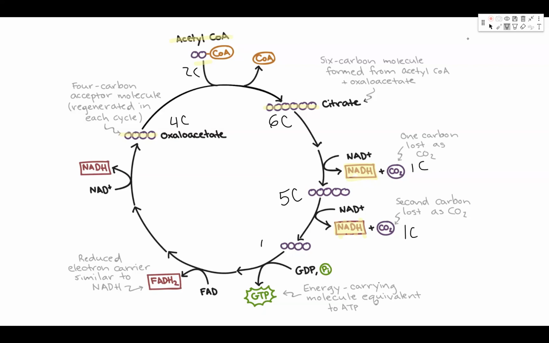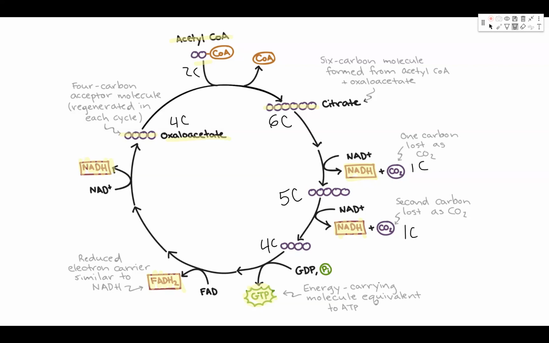So we're down to a 4 carbon intermediate. We're going to continue moving stuff around and continue harvesting energy. We've got a GTP, which is essentially an ATP. We've got our FADH2, another NADH, and then we get our 4 carbon oxaloacetate back.